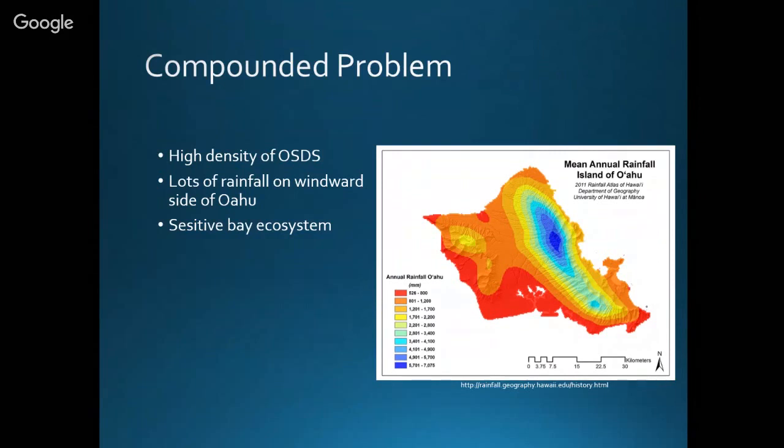As you can see from this map, the rainfall level in the Kaneohe watershed area is much higher than on the leeward side of the island. And because of that rain, there's a lot of flushing of these on-site disposal systems, and leaking of these systems will then cause this contamination to move into the bay.